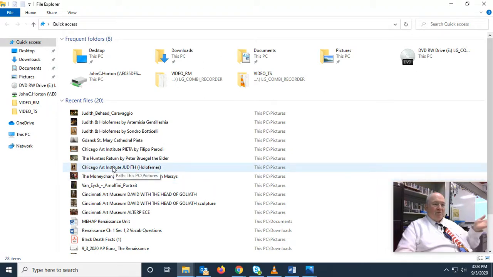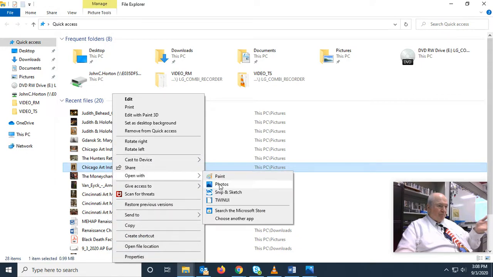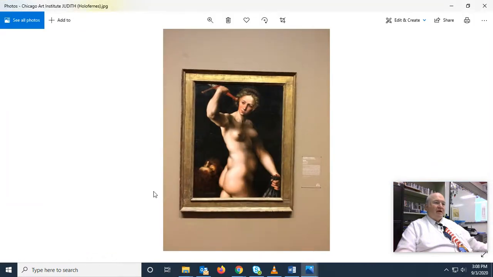If you don't mind, one more Judith and Holofernes to show you. Once again, what is the artistic style? Answer, Baroque. How do you know? The black background. Intended to make you, the viewer of the art, look at what he wants you to see.